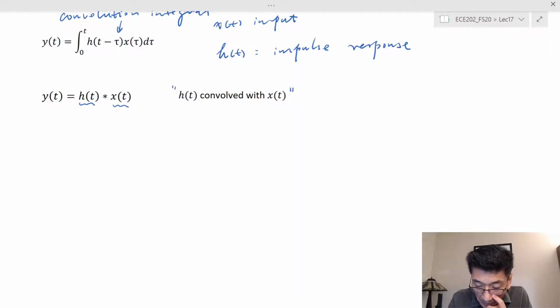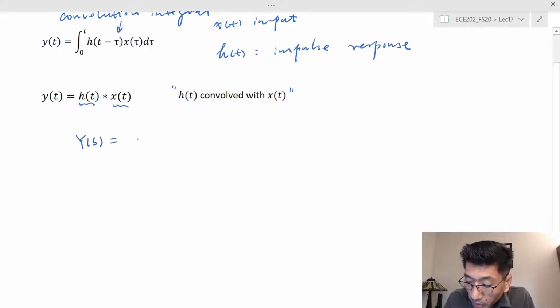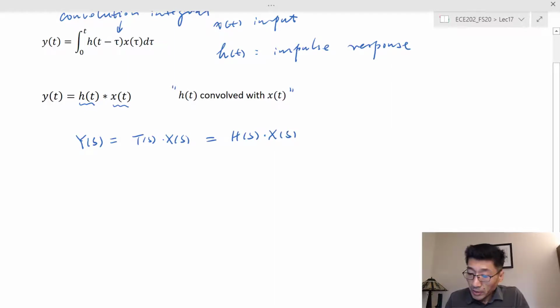So let's start with the Laplace transform. In the Laplace domain, Y(s) should be equal to T(s) times X(s), right? And since T(s) is also equal to H(s) times X(s), the X(s) is just the Laplace transform of x(t), right?